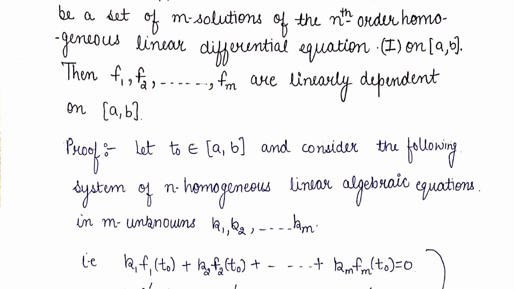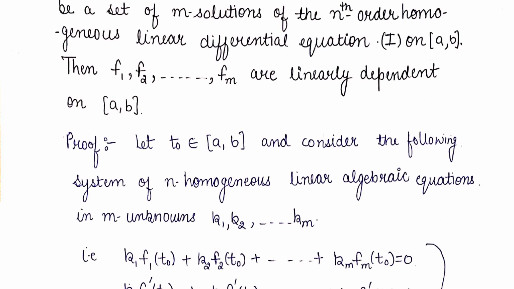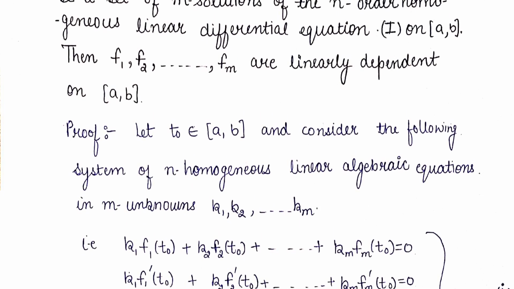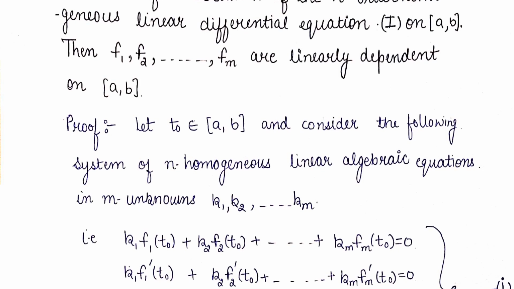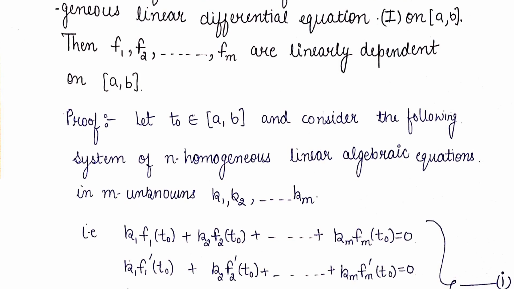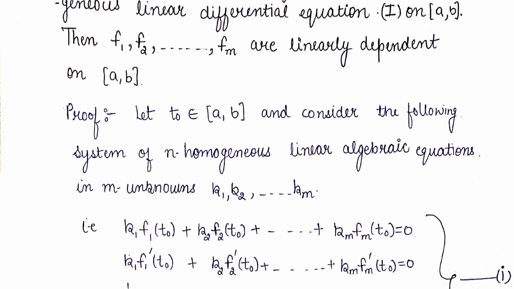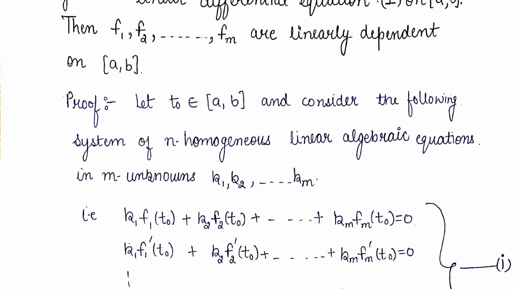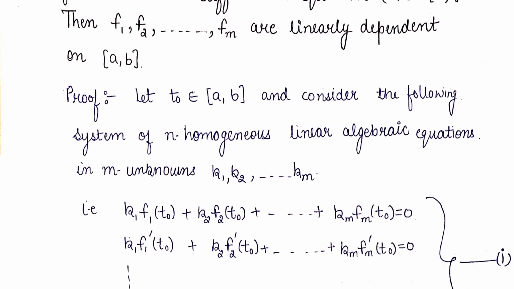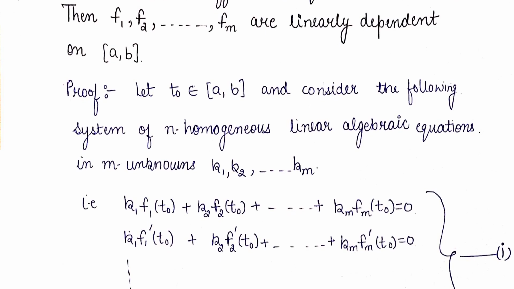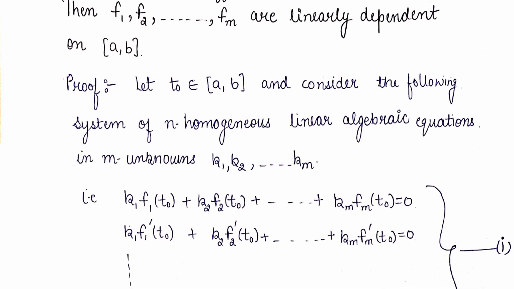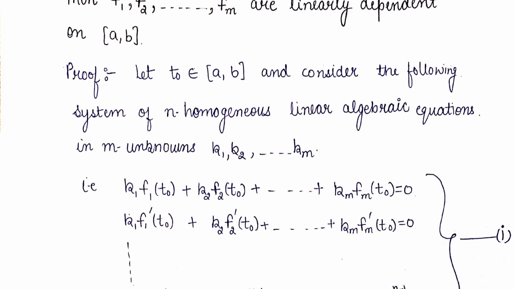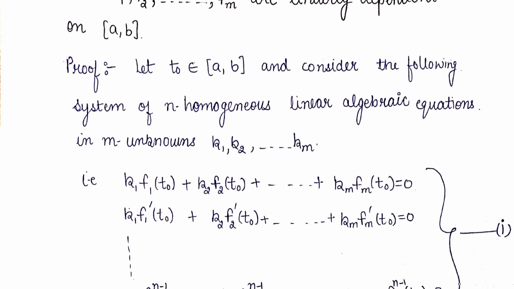For the proof, let t0 be any point in the given interval AB, and we will consider a system of n homogeneous linear algebraic equations in m unknowns k1, k2, km so that we can use theorem A. So the system we consider is as follows. K1 F1 t naught plus K2 F2 t naught plus Km Fm t naught is equal to 0.